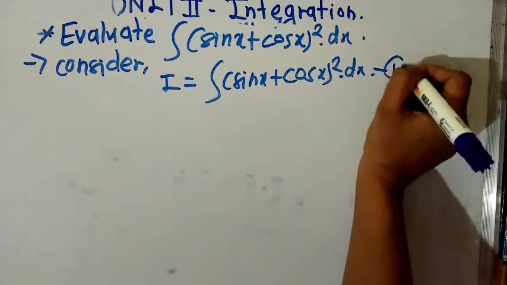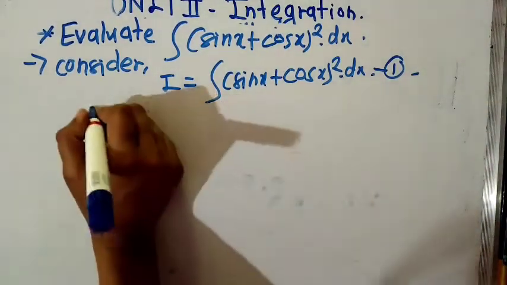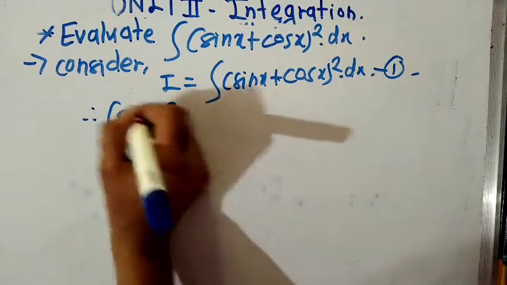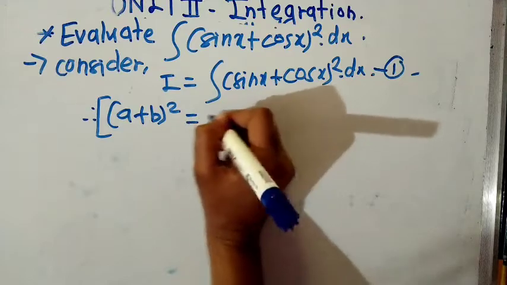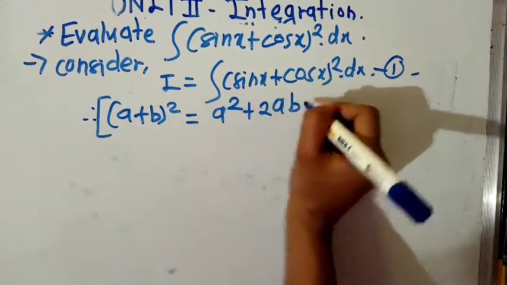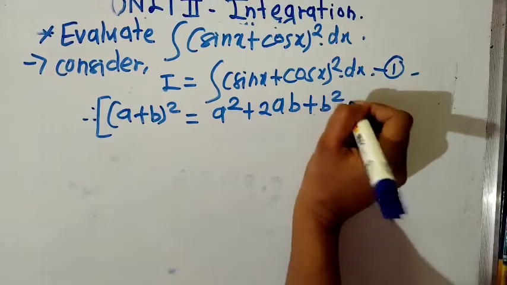Then we use (a plus b) square is equal to a square plus 2ab plus b square.